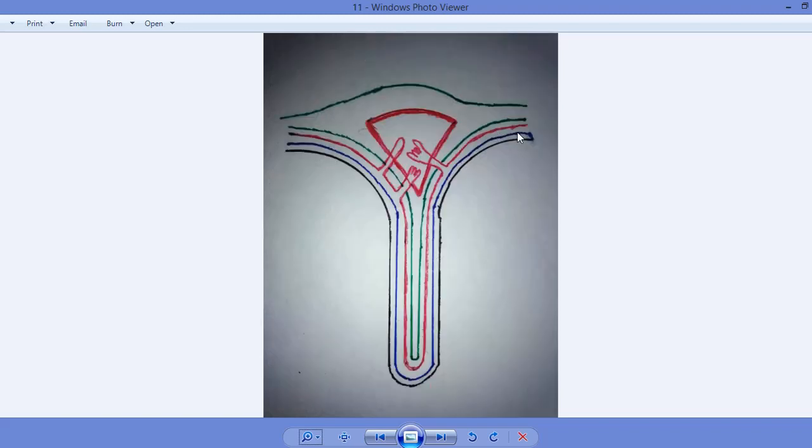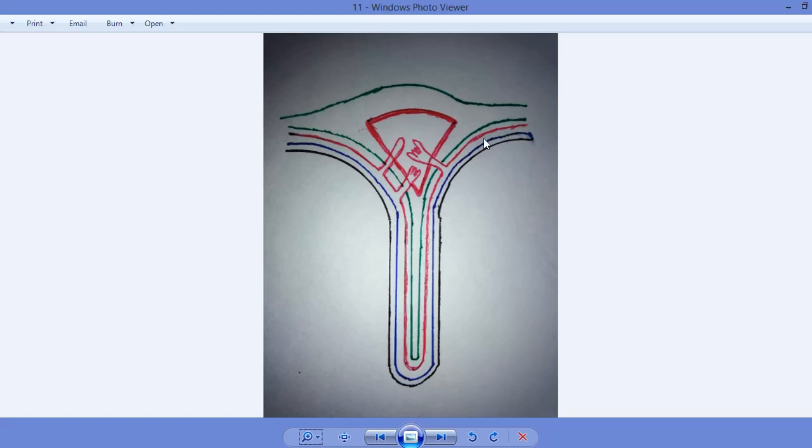In this area we can see this is the pia mater, this is the arachnoid mater, and this is the dura mater. This green color represents the dura mater. So the arachnoid mater is extended to the dura mater and then to the superior sagittal sinus, and these protrusions are called villi and granulation.